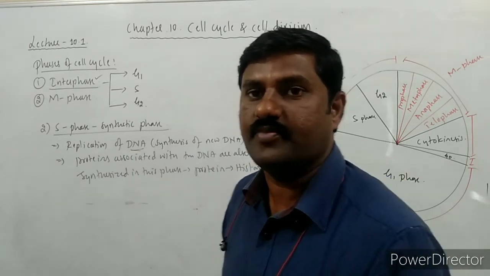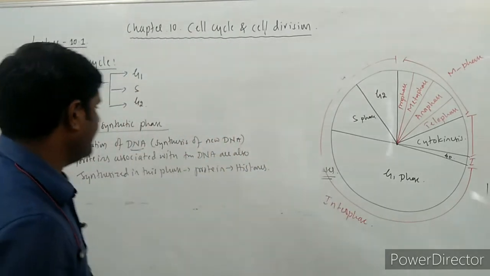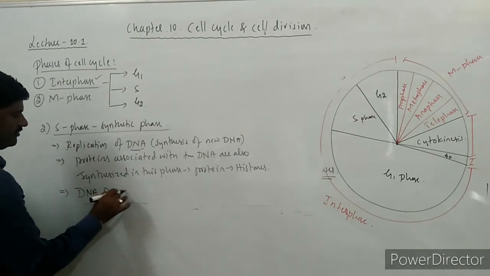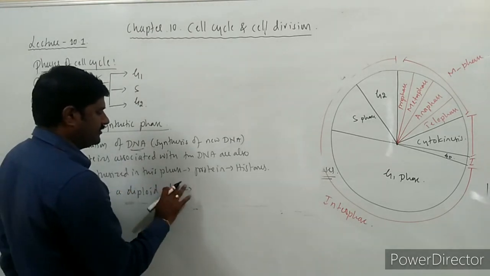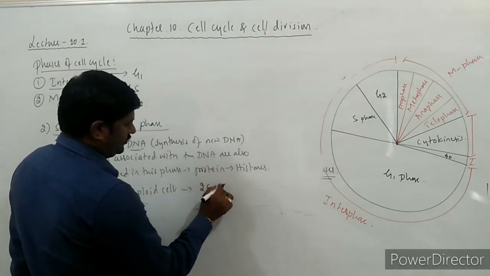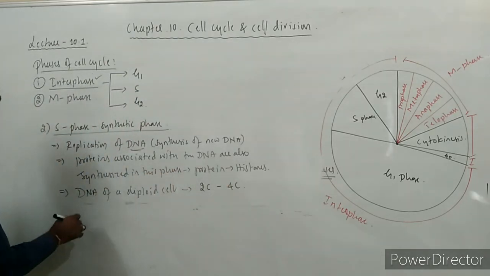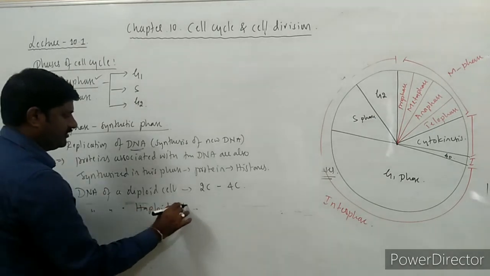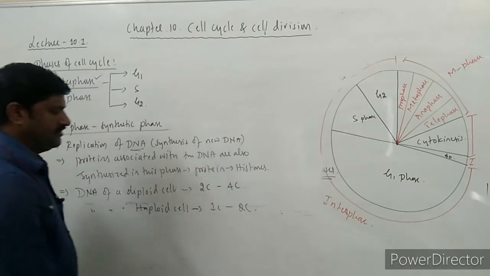DNA is also synthesized in this phase, and the amount of DNA produced in each cell itself doubles. Say for example, DNA of a diploid cell duplicates from 2C to 4C, that increases from 2C to 4C, and the DNA of a haploid cell is about 1C that duplicates to 2C.